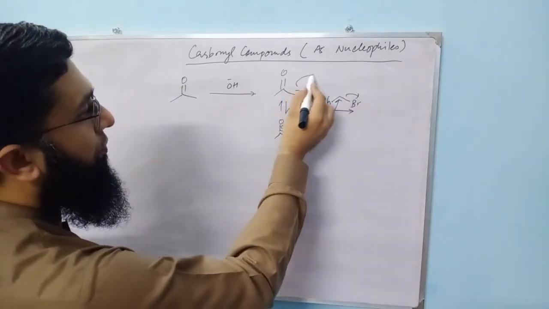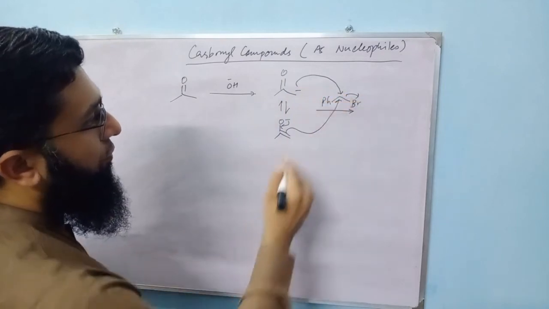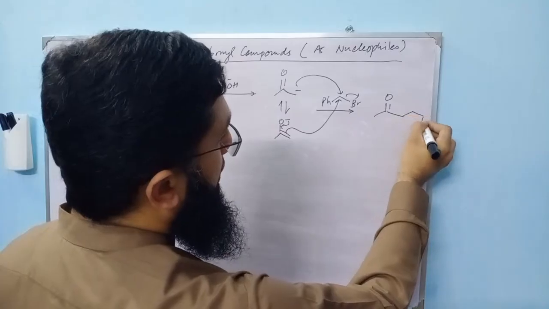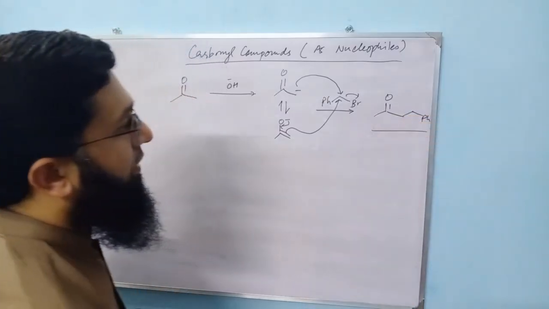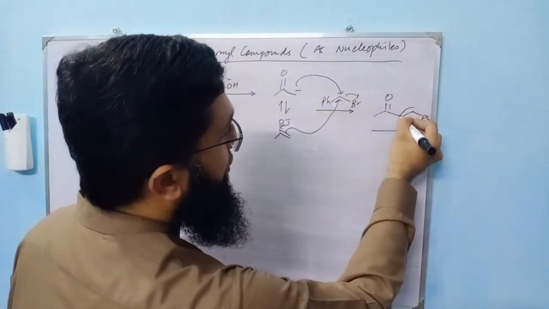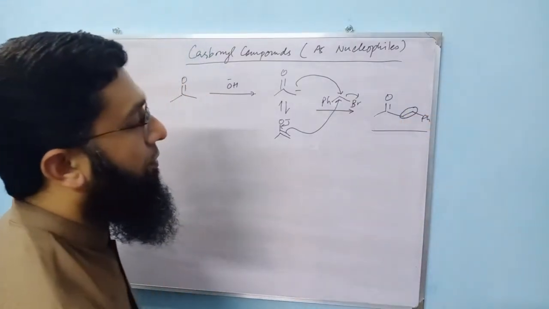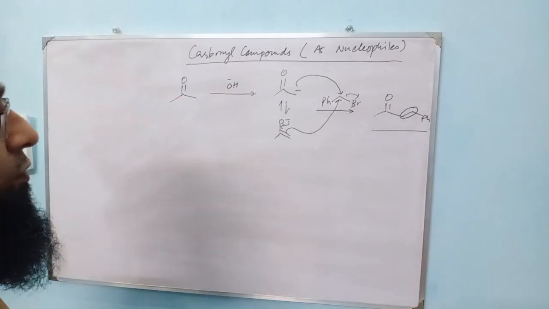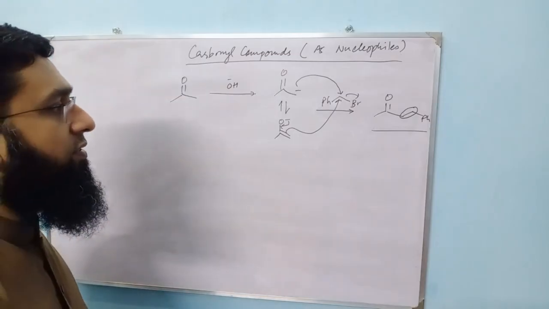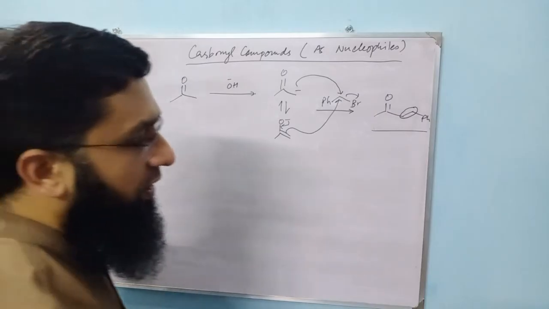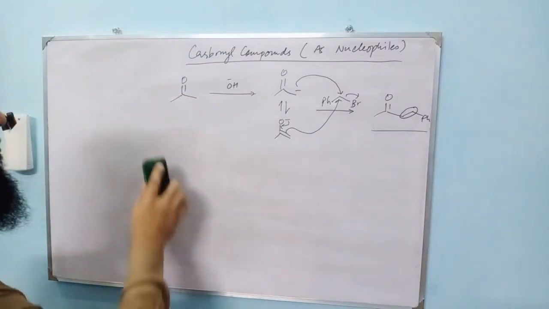Or we can use this form as well, it would attack here and the halide would be eliminated, and as a result we get this product, this alkylation. And here we can see this new carbon-carbon bond has been formed. So enolates are excellent nucleophiles for the formation of new single carbon-carbon bonds. And before proceeding further, we should know the choice of bases.